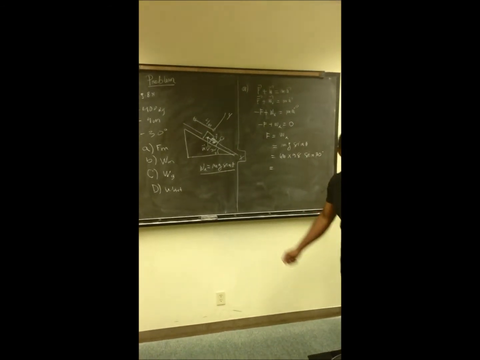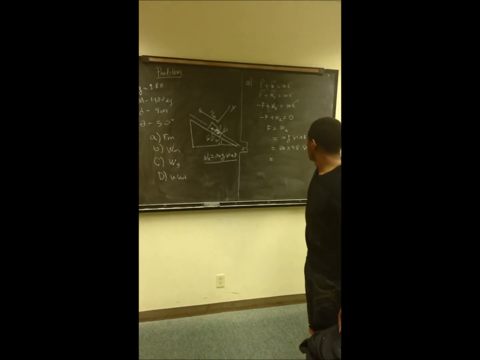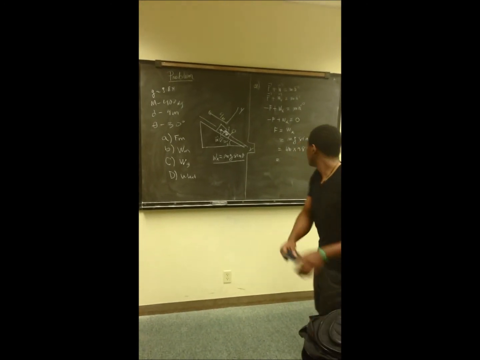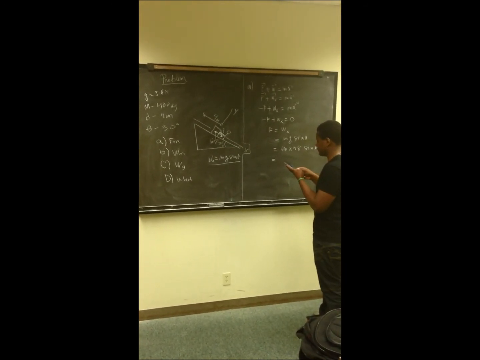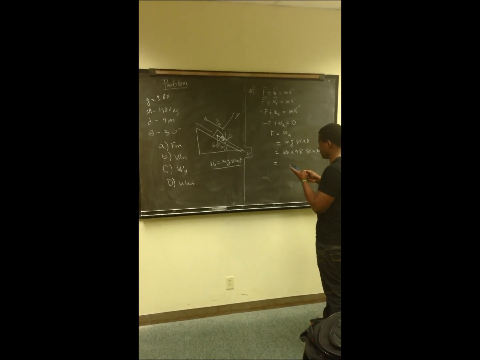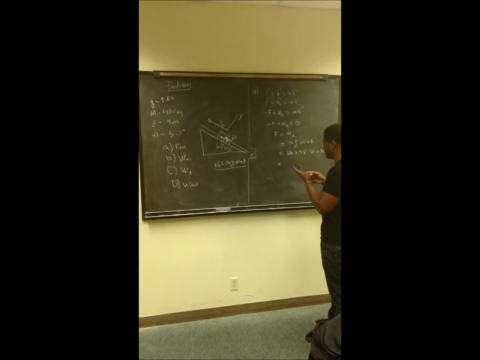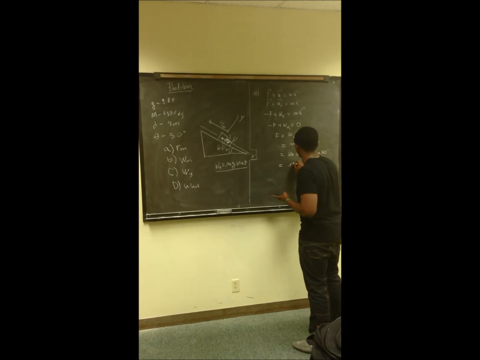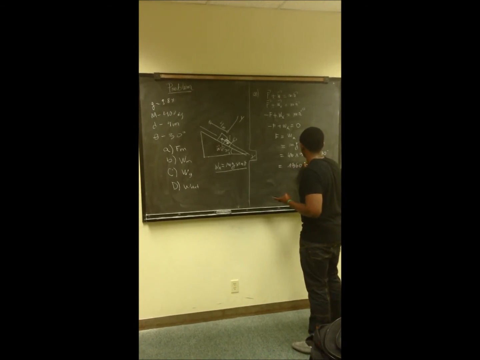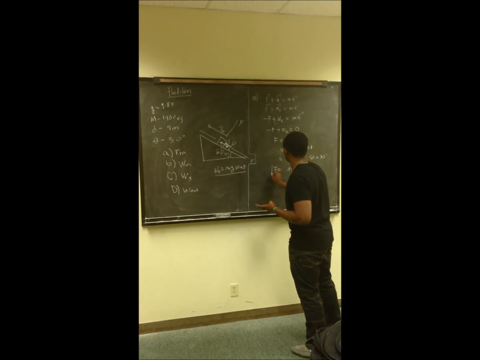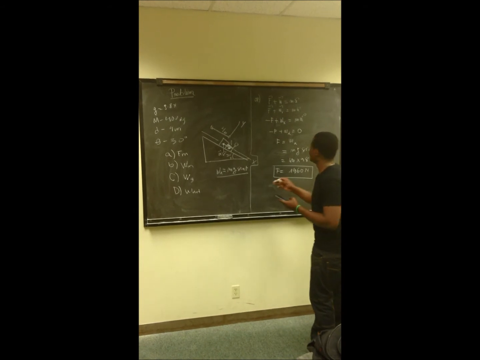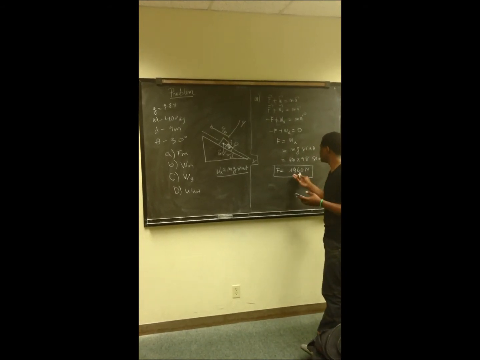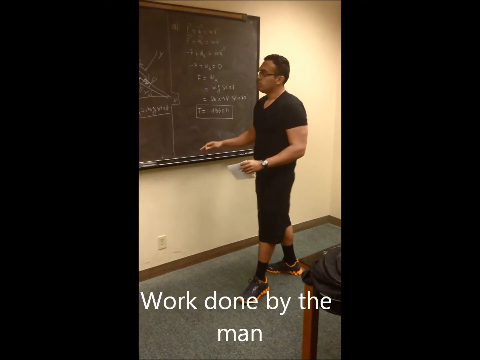Good. When we try now to compute our force, we get 400 times 9.8 times the sine of 30 degrees, 1960 Newton. So the force done by the man is basically 1960 Newton.